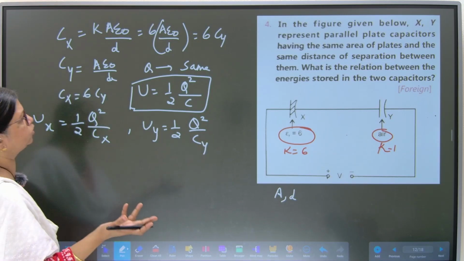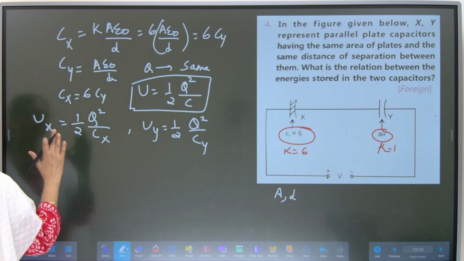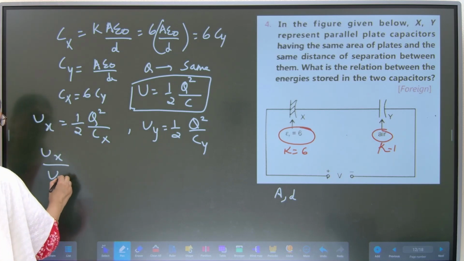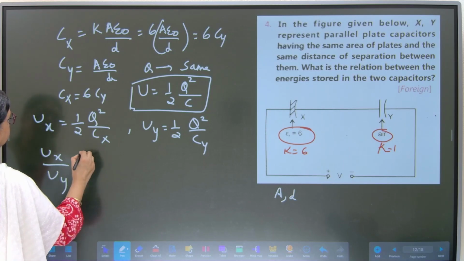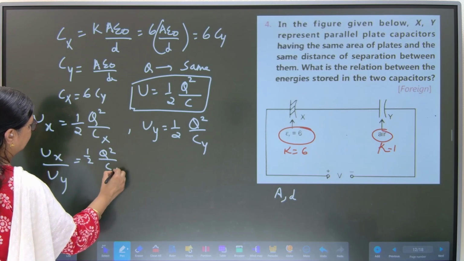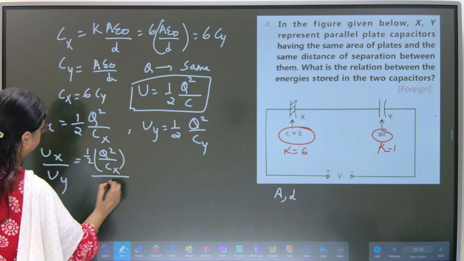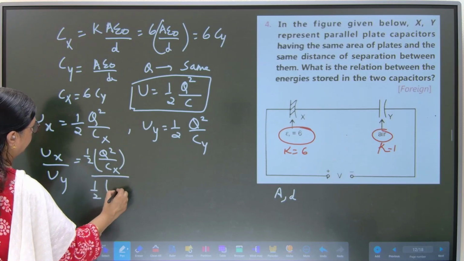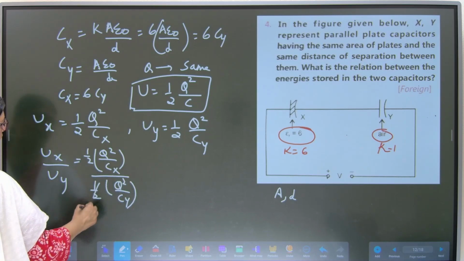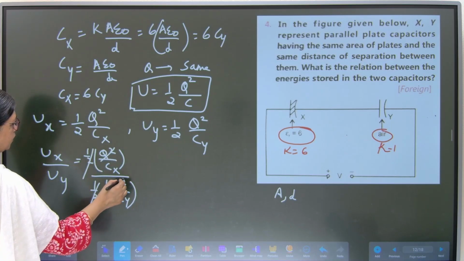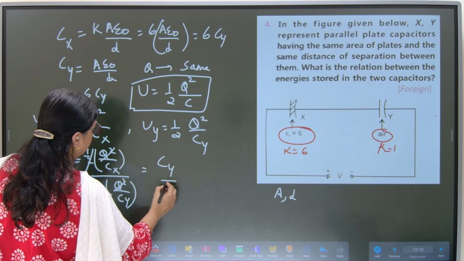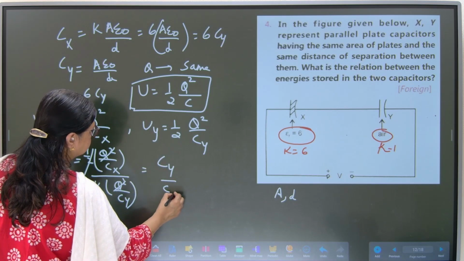Now they have asked us to find the ratio, so we write Ux upon Uy, which is equal to half Q square upon Cx upon half Q square upon Cy. So we can cancel half Q square. What we get is Cy upon Cx.